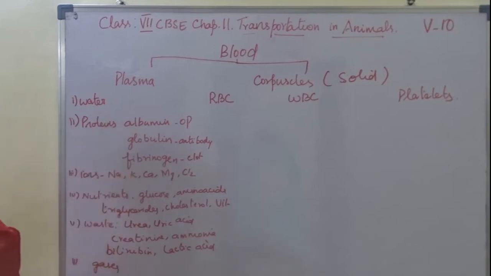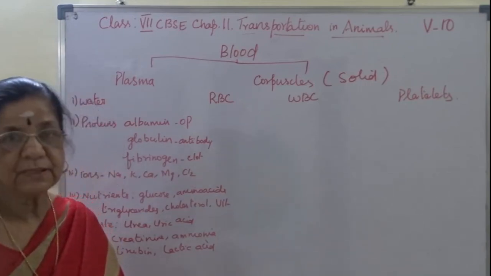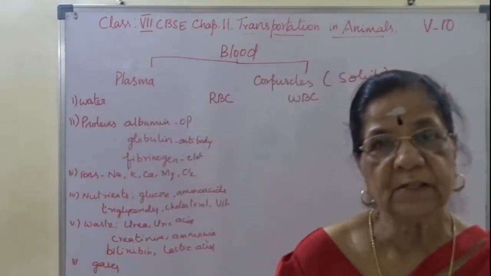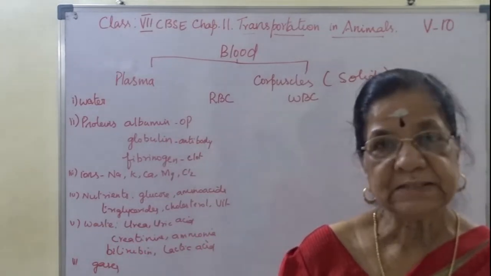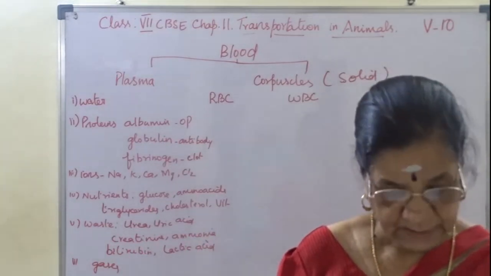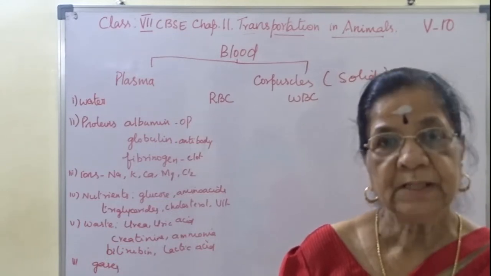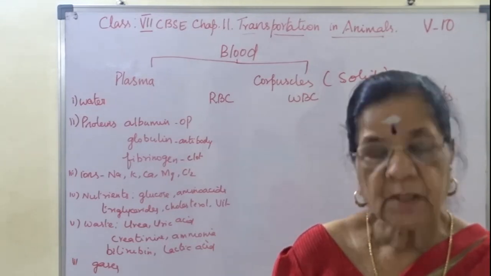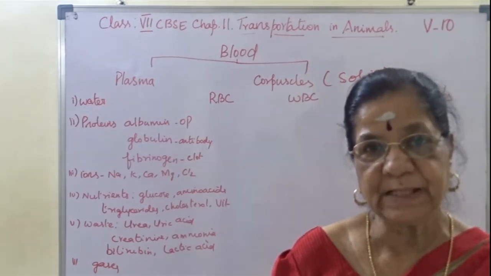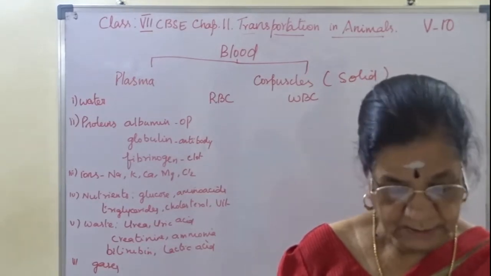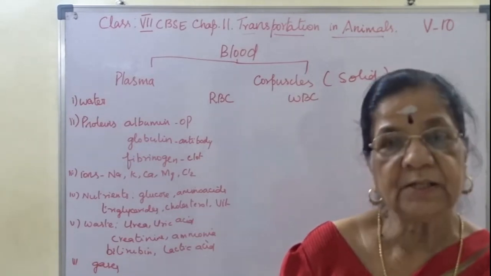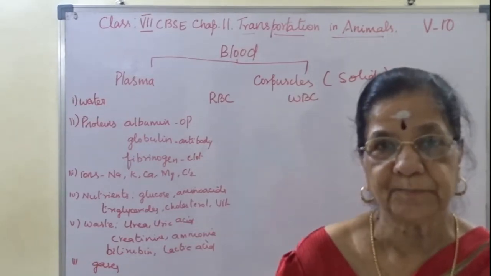Then the ions: sodium, potassium, calcium, magnesium and chloride ions are for osmosis and acid-base balance. Whereas iron, phosphate, hydrogen ion and bicarbonate ions act as a buffer.